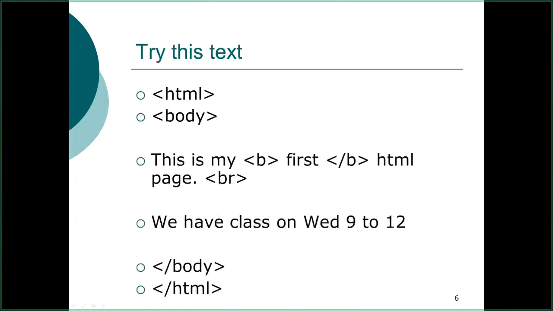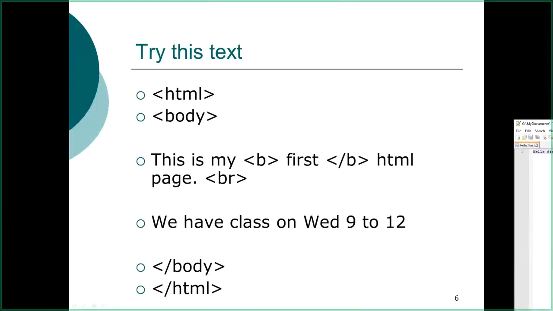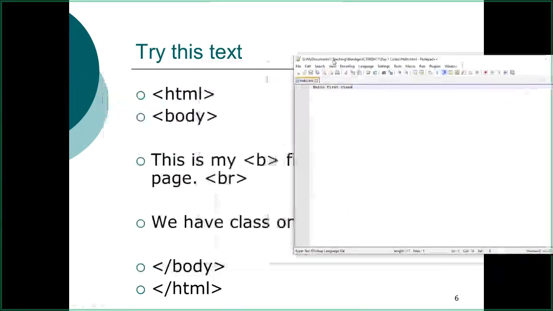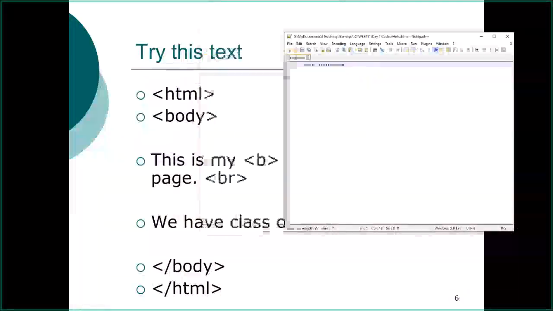So we start by doing the HTML, which is telling it it's a web page, the body saying this is the main page to display, and then you close off your statement. So again, just drag this in. Let's make it smaller.